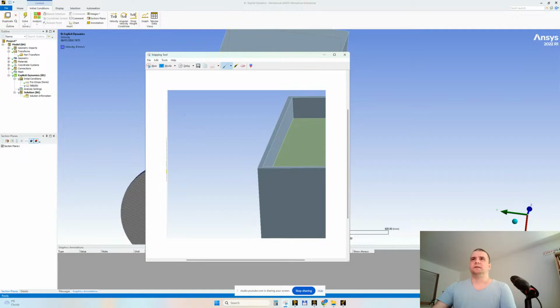Let's make like a target end time, all right? A target end time. So I need in 0.001 seconds, I need the ball to travel 200 millimeters, all right?